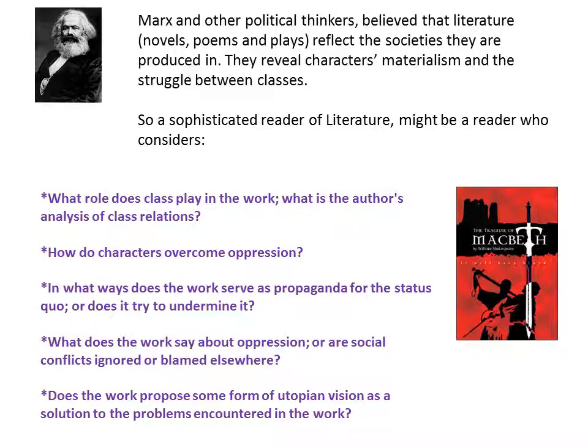Regressive might be a text that actually suggests that that's unachievable, and actually, maybe capitalism and oppression and class struggle are just realities of the world and we need to accept them. Okay, so progressive in terms of Marxist views would be the text promotes a utopian vision, some socialist ideal, whereas regressive would be a text that doesn't really believe that is possible, perhaps.